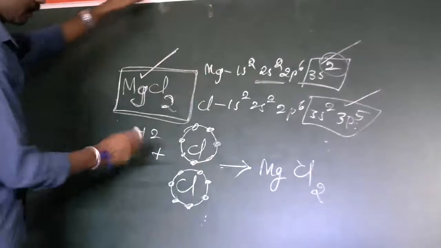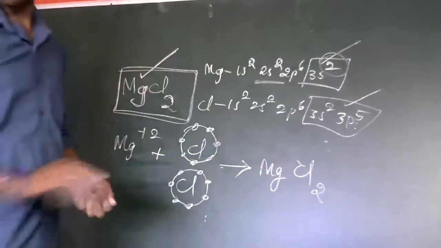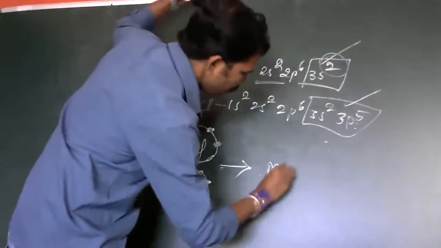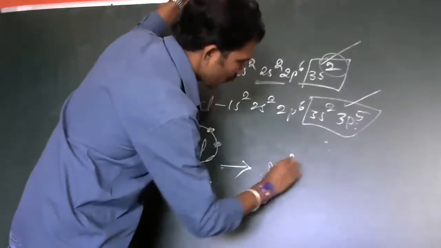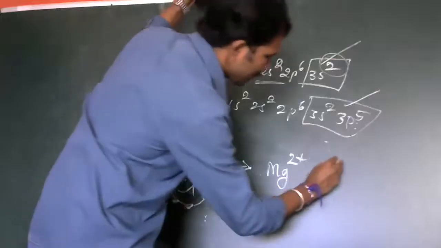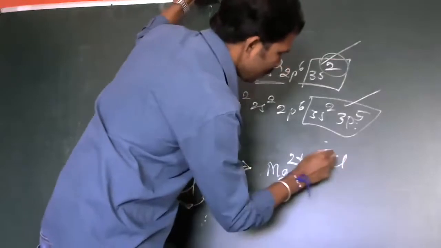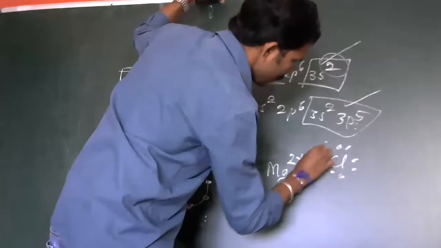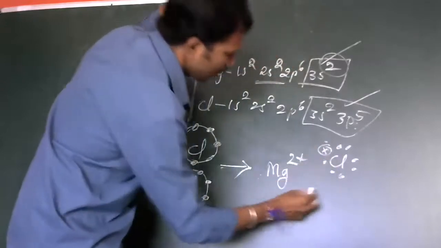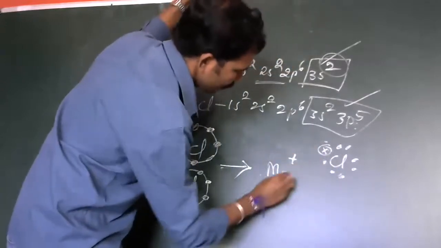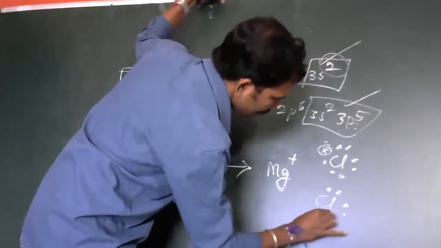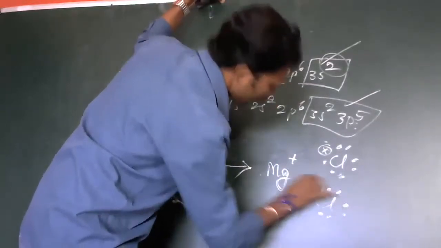So magnesium donates 2 electrons. Mg becomes 2 plus. Here one Cl has 1, 2, 3, 4, 5, 6, 7 electrons, and 1 electron is donated. The other Cl also has 1, 2, 3, 4, 5, 6, 7, and here 1 electron is donated.